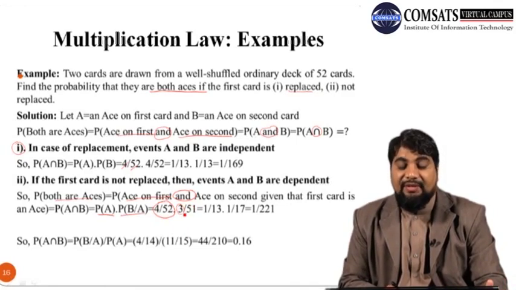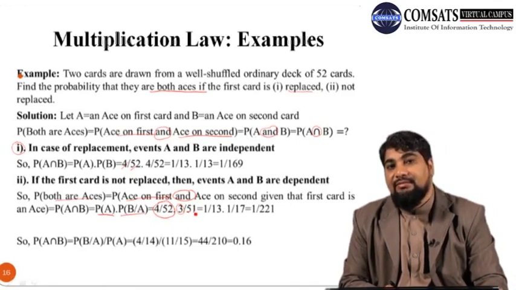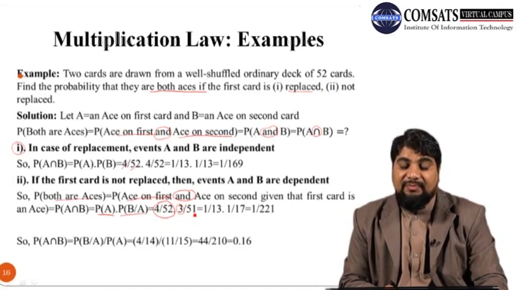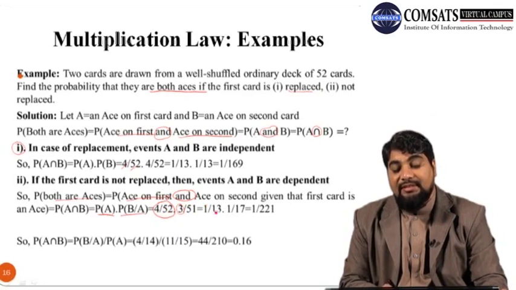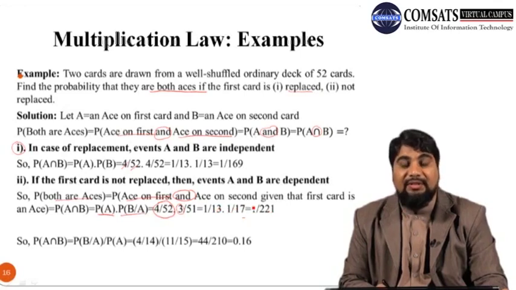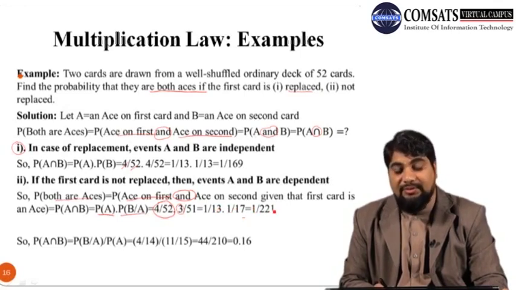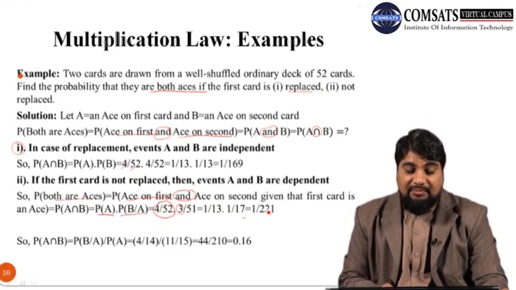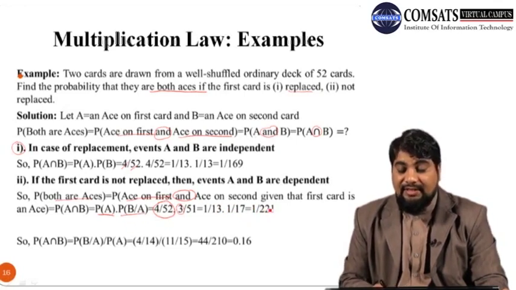So 3 divided by 51, which is our reduced sample space. Just multiply these two numbers. 4 out of 52 is 1/13 and 3 out of 51 is 1/17. So 13 multiplied by 17 gives 221, and 1 times 1 is 1. So 1/221.